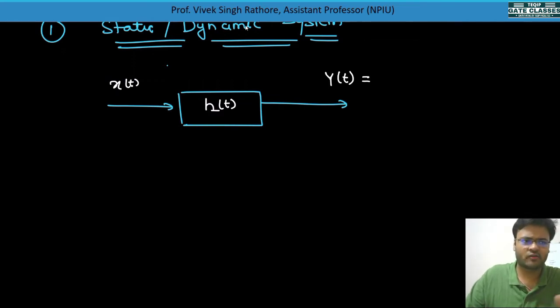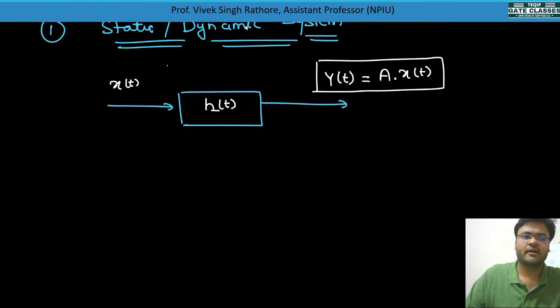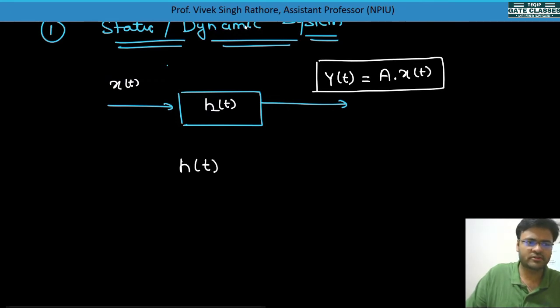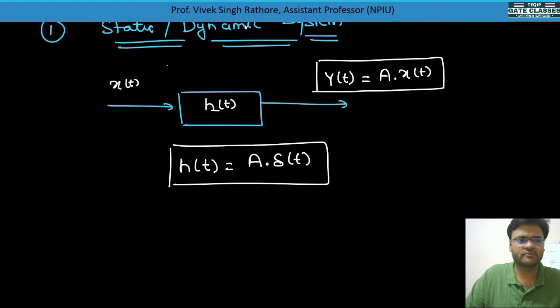Ultimately you'll get x of t convolved with delta t is x of t, that you know. But if you are getting output as a times x of t, then the impulse response is, let's suppose, a of delta t. It means that whenever a signal is convolved with a of delta t, it will automatically acquire the value of x of t, and a will be multiplied.